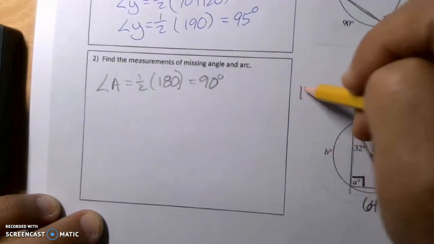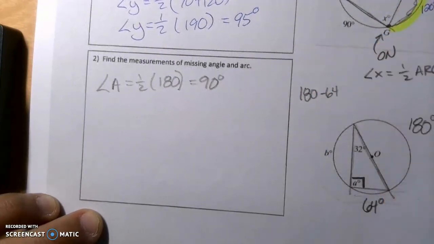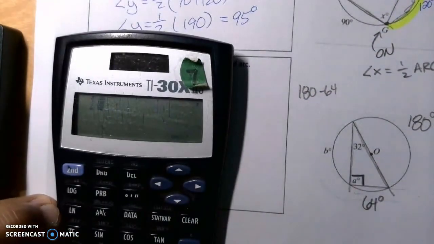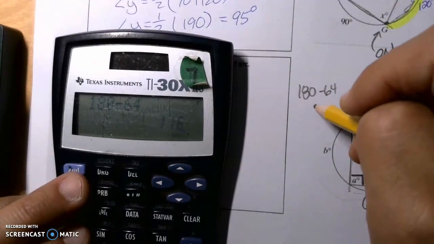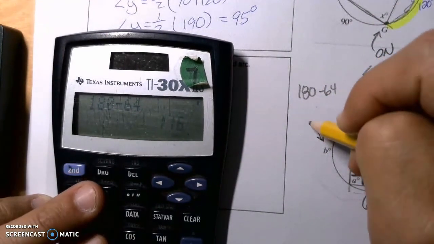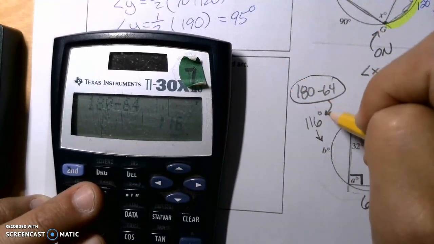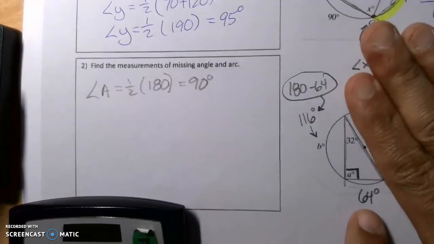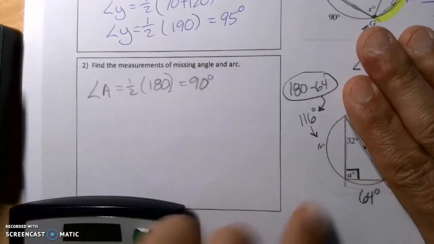So I could go 180 minus 64 to get arc B, which is, what is 180 minus 64? 116. So this is 116 degrees there. Okay, that's one way to solve it. I can realize that this is 64, double of 32, and then subtract it from half a circle, 180.